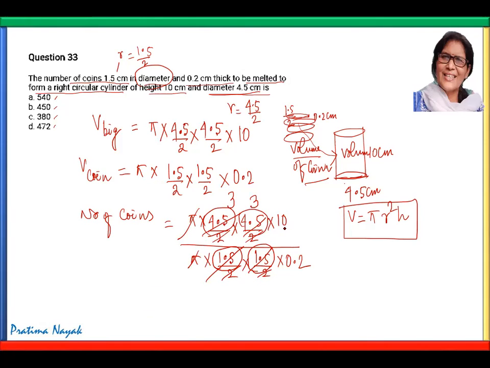Next, it will be 10 by 0.2. To make it a whole number, it will be 10 by 2 by 10, so 10 will be multiplied again. So the number of coins will be 3 times 3 times 9 into 10 divided by 2 by 10, or this 10 will be multiplied here, 9 into 5 into 10. It will be 450 coins needed. B is the answer.